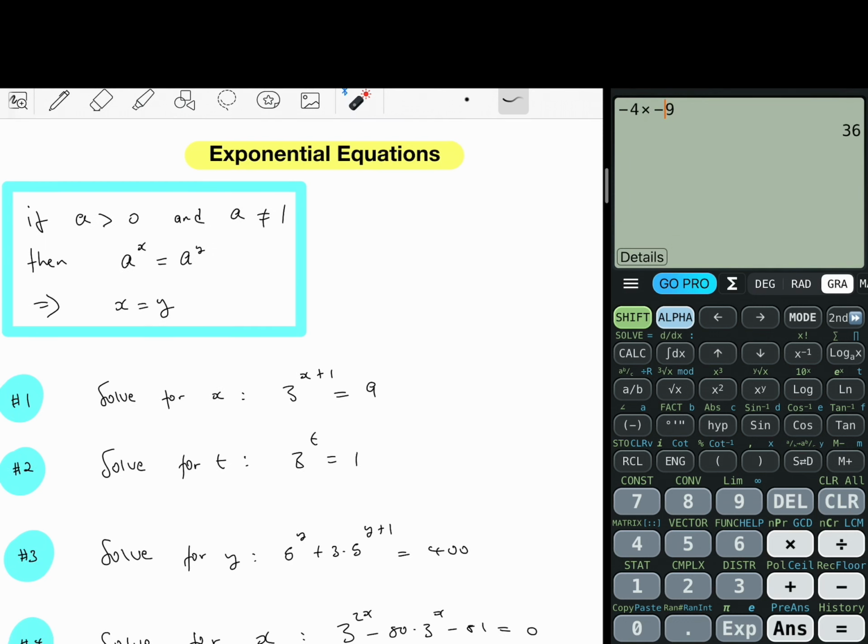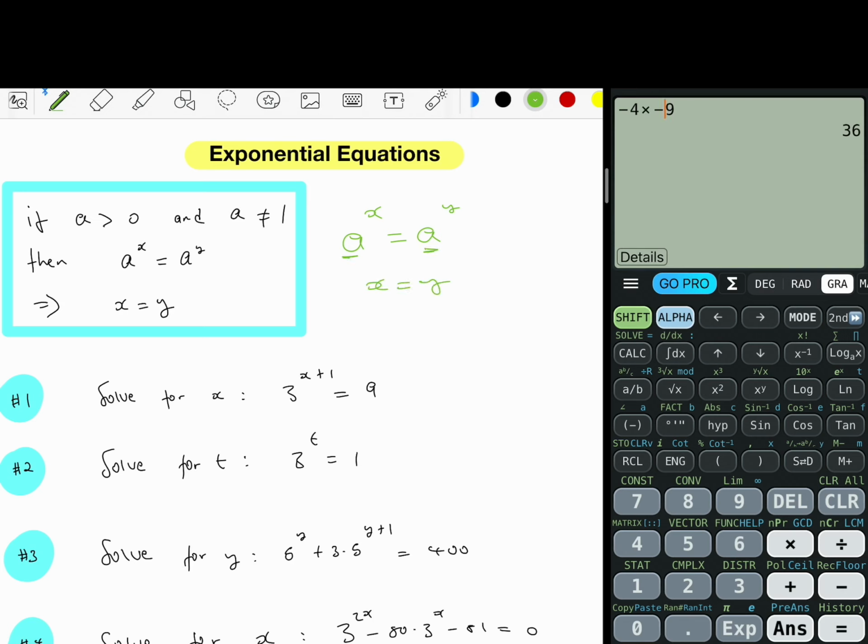Let's get it. First things first, if you have a value a with its power x, and you have another value a again with its power y, the rule says: if bases are the same, therefore you equate the exponents.